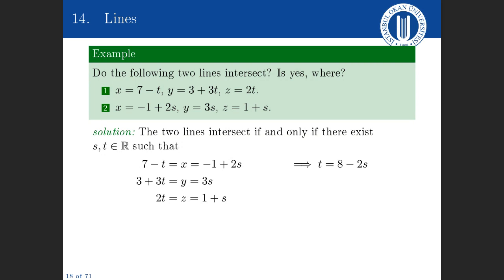From the first one, rearrange it. We can see that we must have t is equal to 8 minus 2s. And then I want to look at the second equation. The second equation simplifies to s is equal to t plus 1.